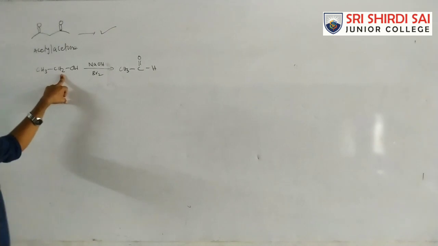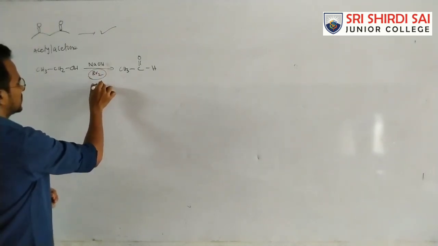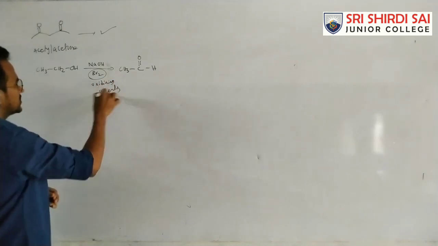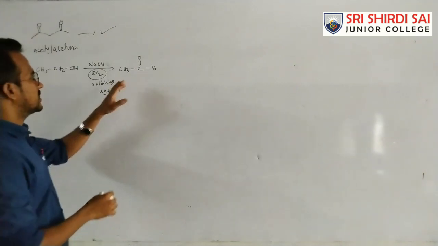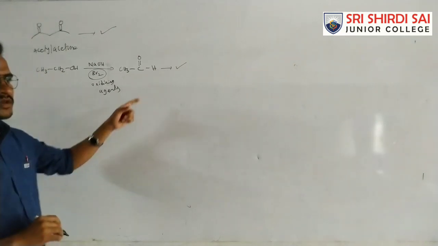Oxidation takes place because the halogens are acting as oxidizing agents, so oxidation of alcohols takes place. Now here it can give the haloform.